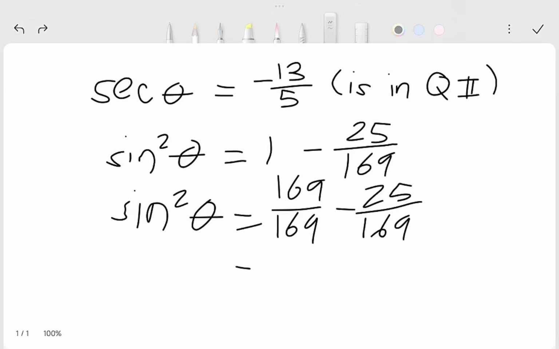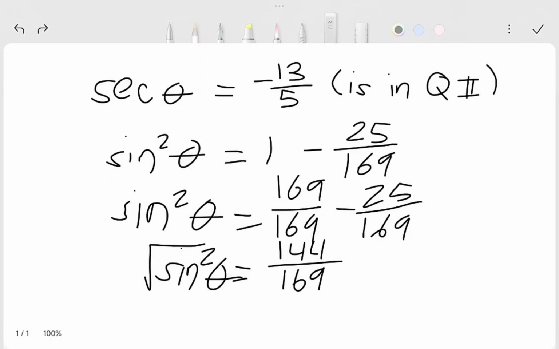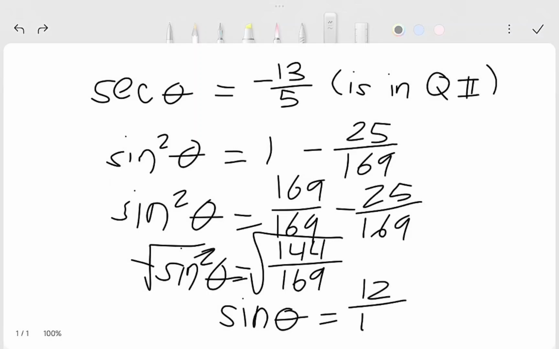And let's just copy the denominator. So 169 minus 25 is equal to 144, and copy the denominator, 169. And since there's a square, let's find the square root of 144 over 169. So sine theta is equal to 12 over 13.